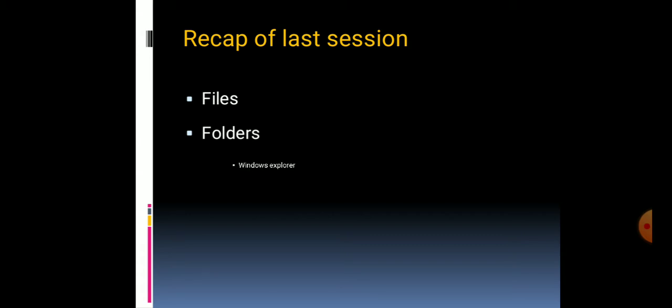And we have seen what Windows Explorer is. Windows Explorer is a window where we can create, view, copy, move, delete and search a file, everything we can do. And in the address bar we can see the complete path of a file.